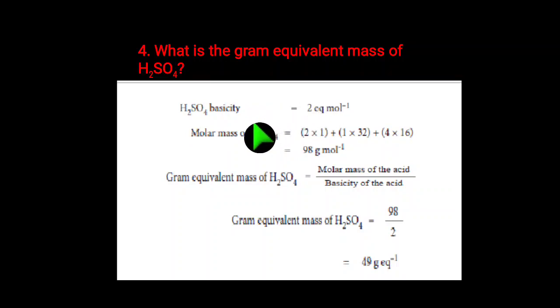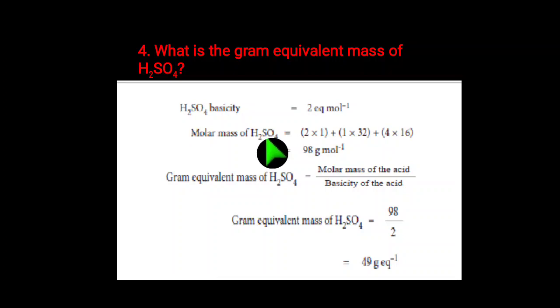That is the basicity. First you should calculate the molar mass of sulfuric acid, because the formula for gram equivalent mass of an acid is molar mass of the acid divided by basicity of the acid. Basicity we already found, that is 2. Molar mass: 2 hydrogen, 2 multiplied by 1, relative atomic mass of hydrogen 1.